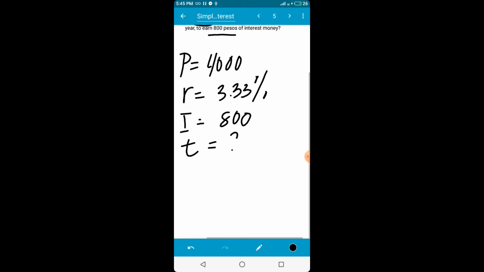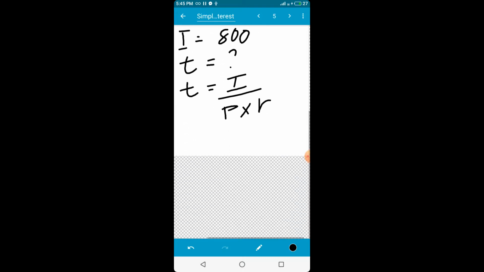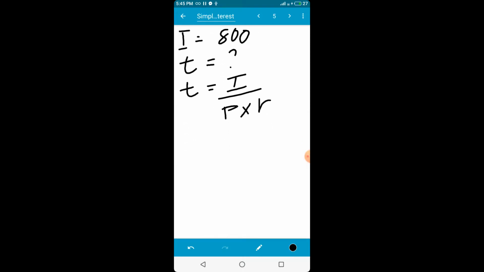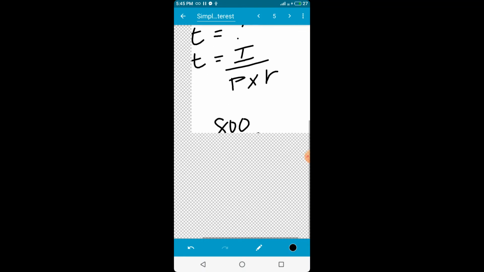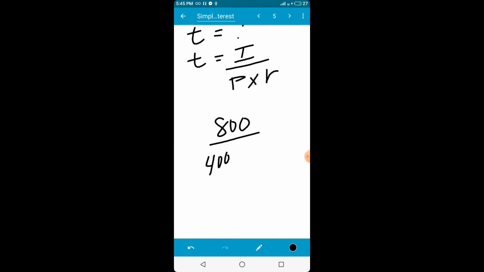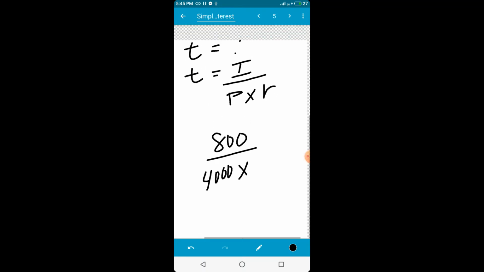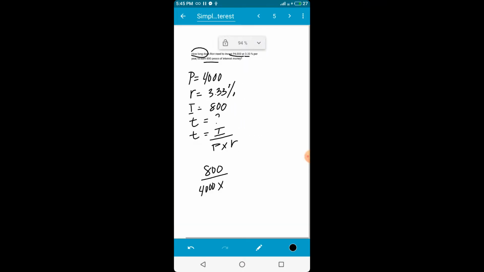Okay? So, let's use the formula for that. Time equals interest amount divided by the principal times the rate. The interest amount is 800 pesos over the principal, which is 4,000 pesos, times the rate of 3.33. Before we multiply by the percent, it must be in decimal.